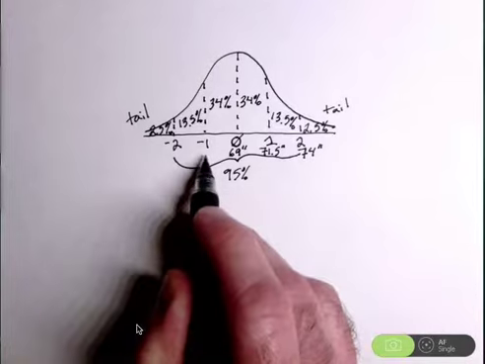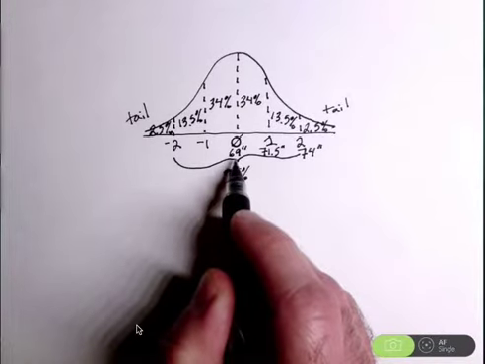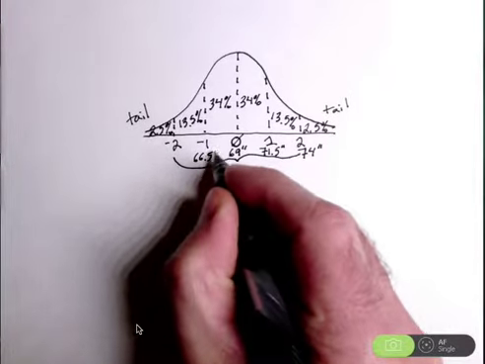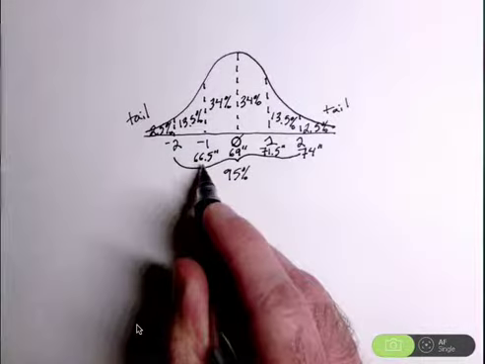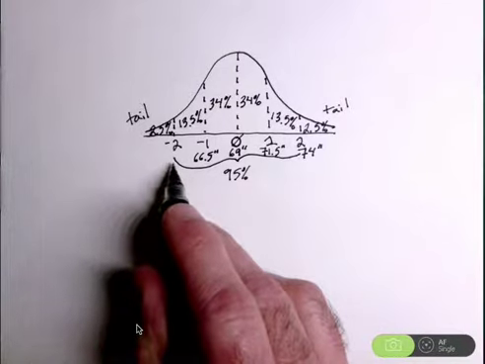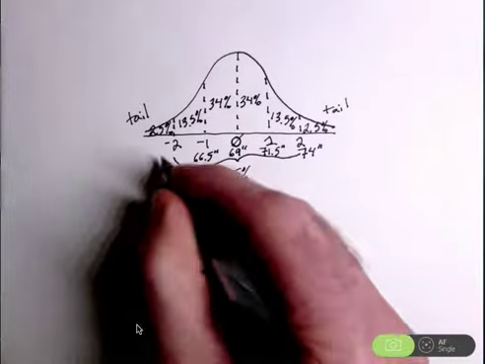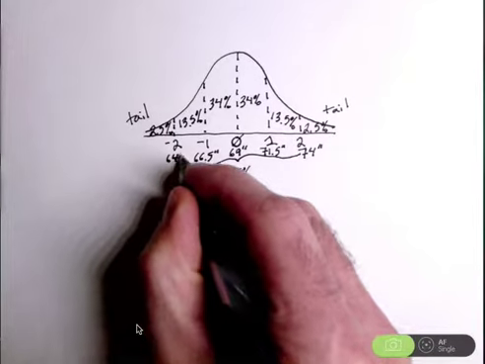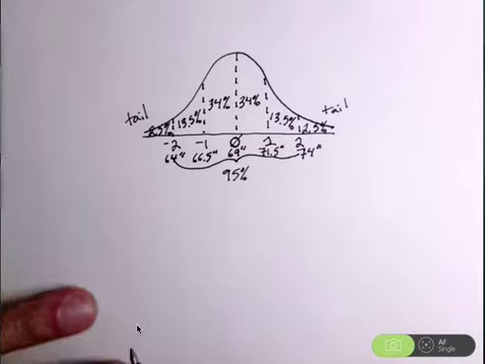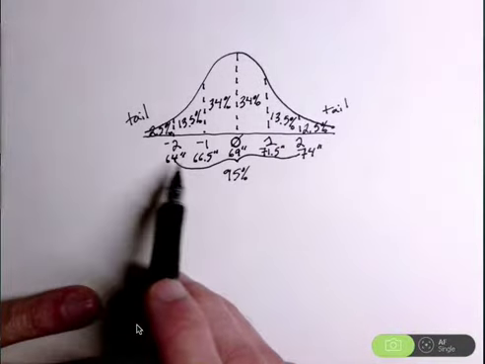So one standard deviation below the mean, 69 minus 2.5, that's 66.5 inches tall, 5 feet 6.5 inches. Another 2.5 inches, another standard deviation below the mean would take us to 64 inches tall. So that's 5'4".